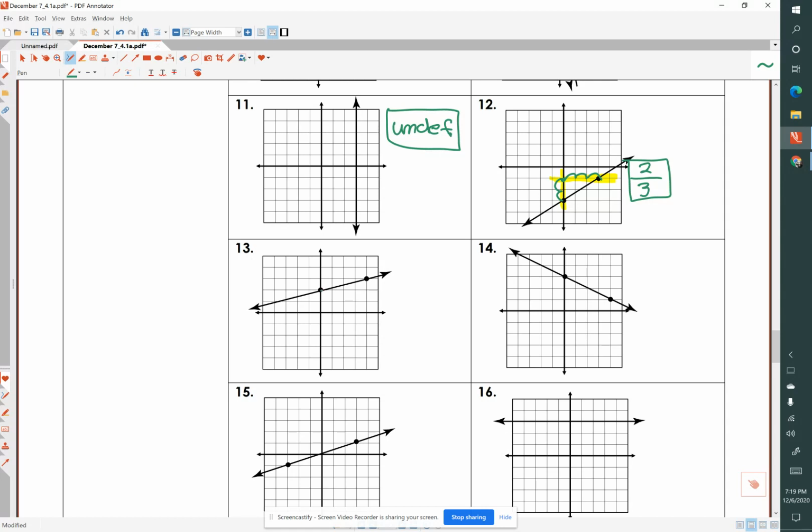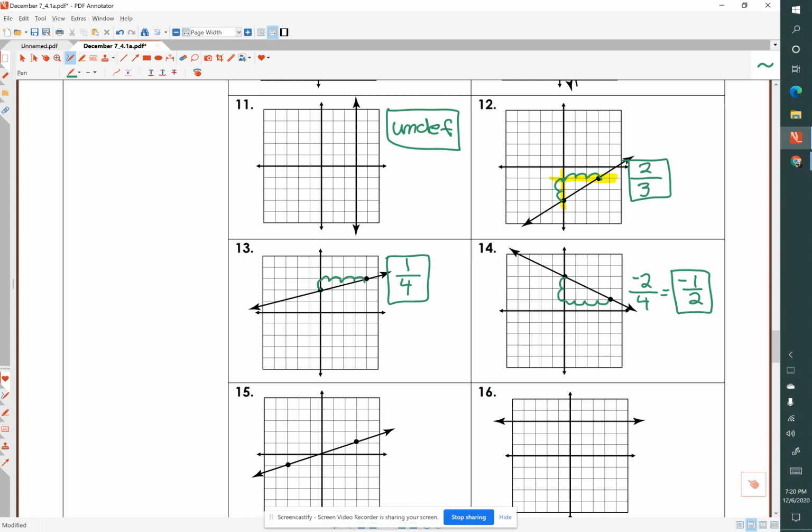Number 13, we have a rise of 1 and a run of 1, 2, 3, 4, and that slope is a positive 1/4. We have a negative slope, number 14, negative 2 over positive 1, 2, 3, 4, and we can simplify that to negative 1/2.